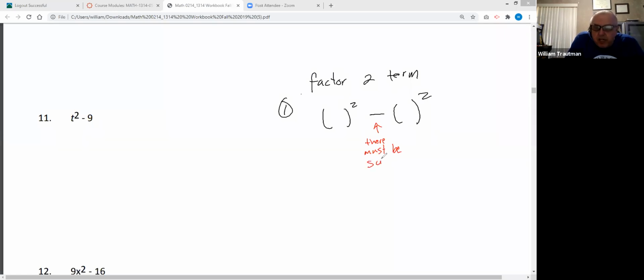Must be subtraction. If you don't see a subtraction, if there's a plus there, you can't factor it. It's prime. 2 terms with a plus in between it is prime.